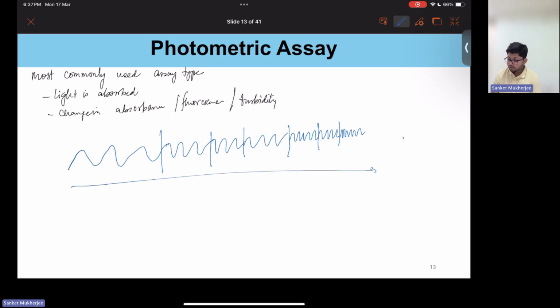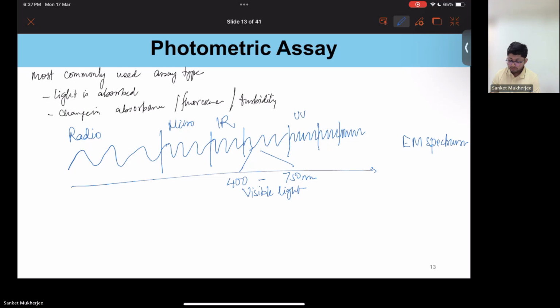This is called an electromagnetic spectrum. On the most left side, it would be, let's say, radio waves, then microwaves, infrared radiation. Then we have something called the visible light, which is from 400 to 750 nanometers. We have the visible light. Then we have the UV, X-ray, and the gamma rays. Fine.